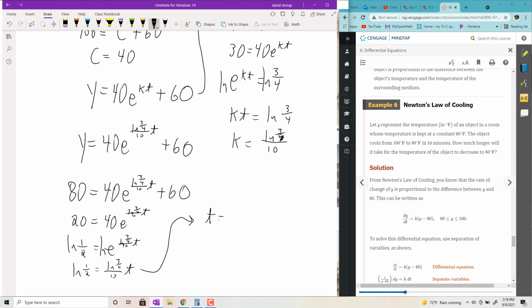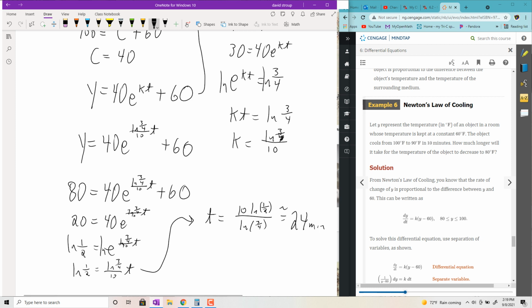So you get t equaling 10 ln of 1/2 all over ln of 3/4. Okay, and then let's get an approximation. 10 ln 1/2 divided by ln 3/4. And it looks like about 24 minutes.